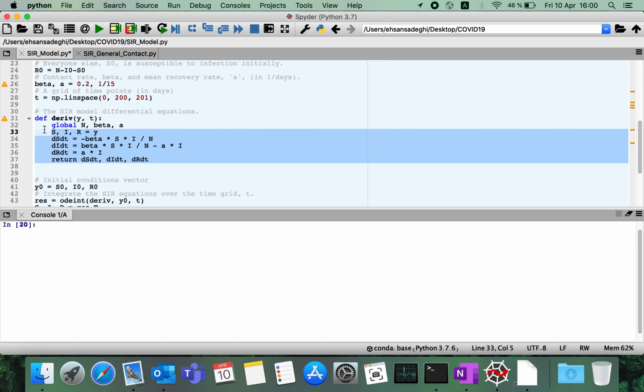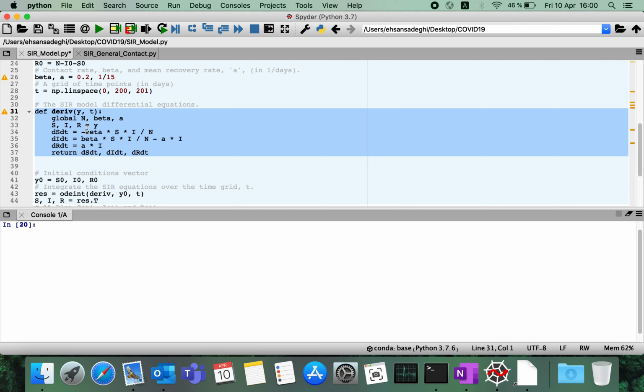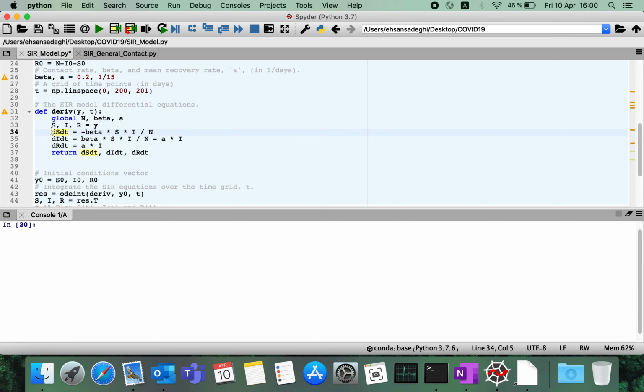And here comes the definition of my differential equations, basically for S dot, I dot, and R dot. I write these equations. My independent variable is t, time, and my dependent variables are S, I, and R, which I have assigned to y.